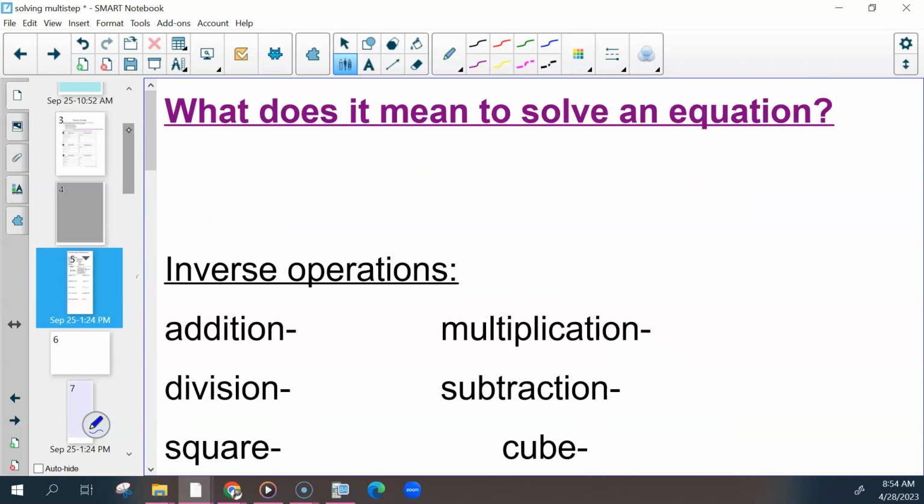If I ask you, how do we solve an equation, what would you tell me? In general, how do we solve an equation? What do we do? Multiply, divide, add, subtract.